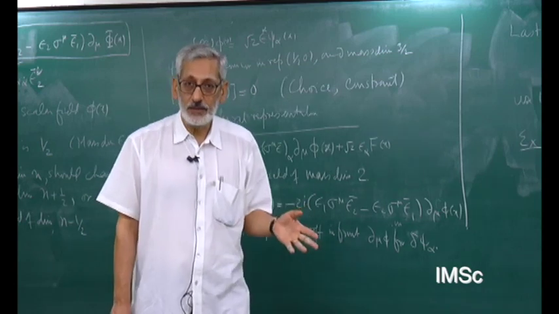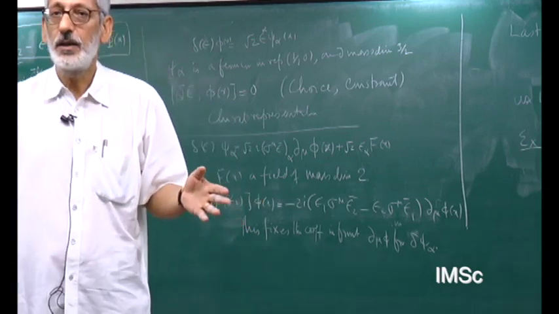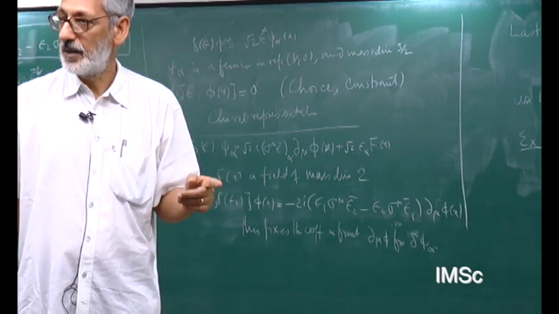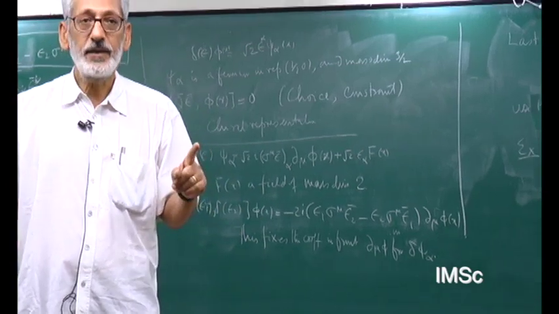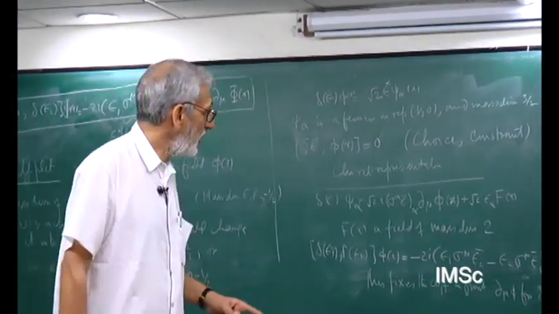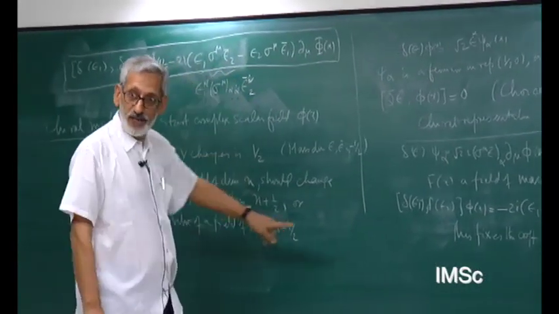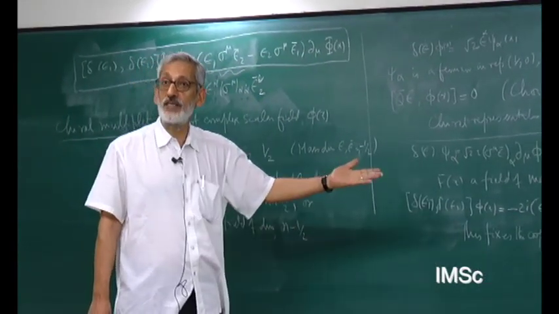So that's a complete description of the transformation properties of the multiplet, except that we have not checked one bit. That is that we have checked that on phi this supersymmetry algebra is realized, on psi this is realized, on F is it realized on F?